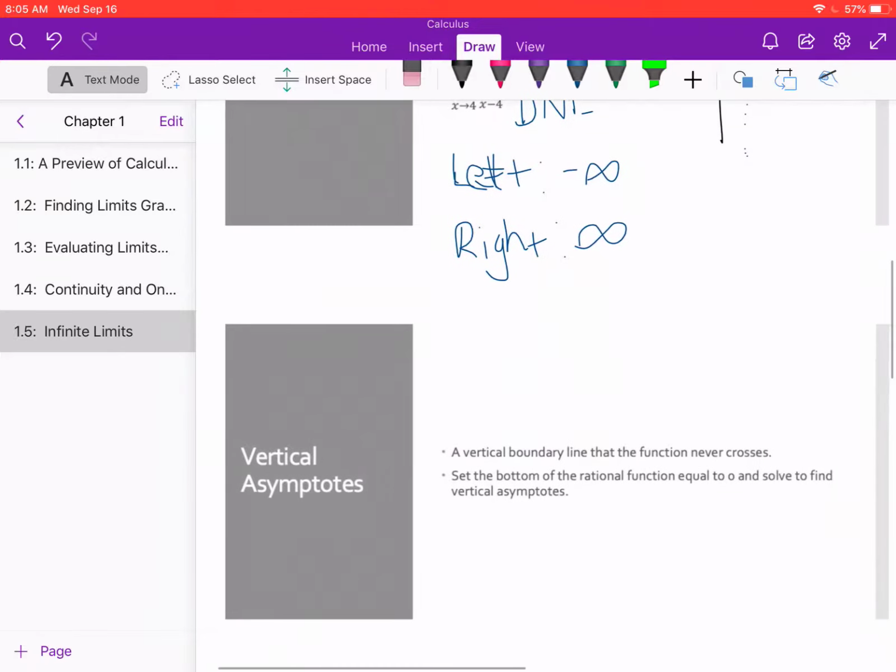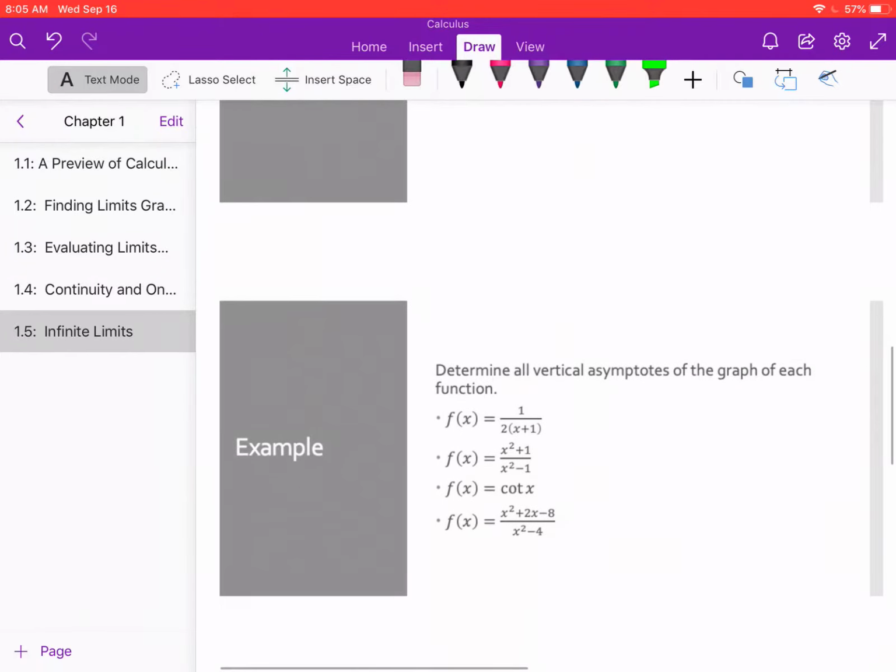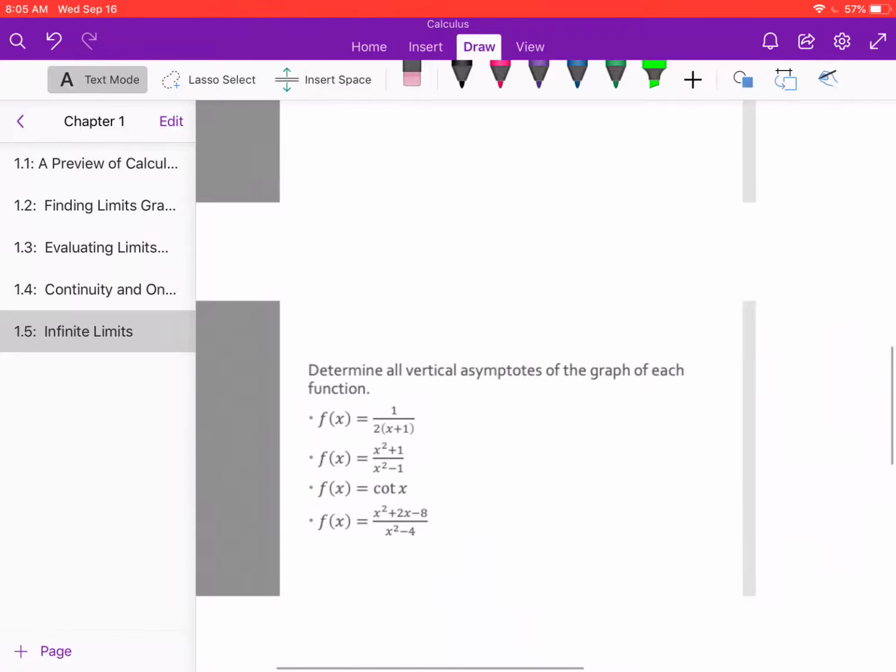So, review of pre-calc. A vertical asymptote is a vertical boundary line that the function never crosses. And remember, to find that, we set the bottom, or the denominator, of a rational function equal to 0, and then we solve to find the x values that have asymptotes. So finding the vertical asymptote for each graph.